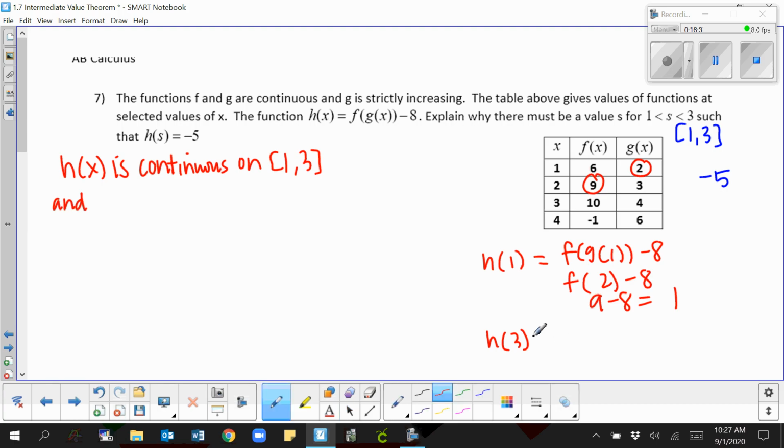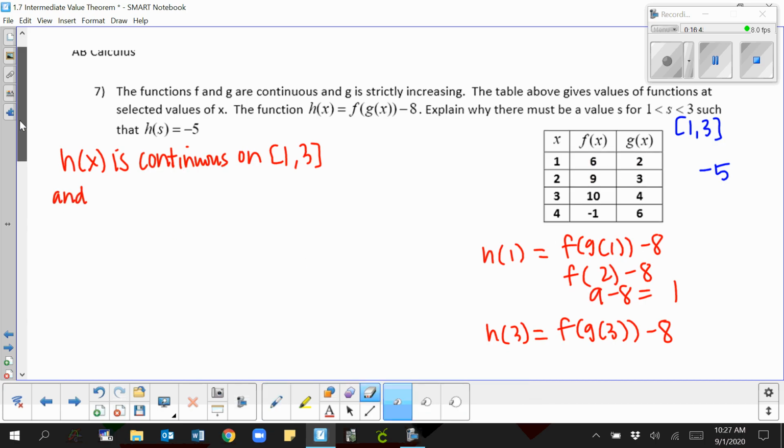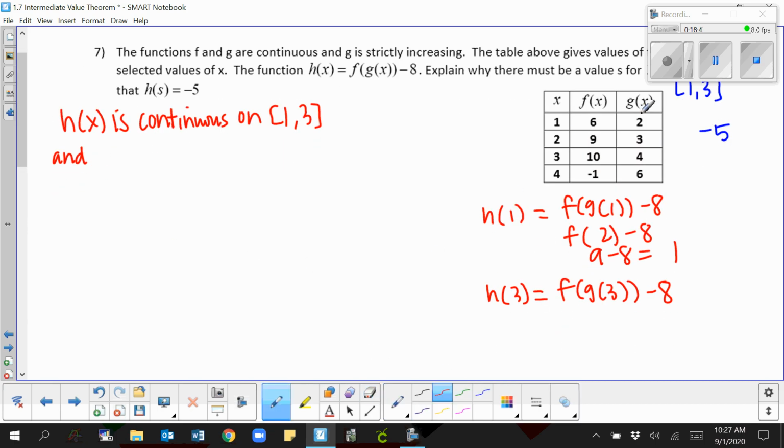And now I'm going to find h of 3, so I'm looking for f of g of 3 minus 8. So coming back to my table, I can see that g of 3 is 4, so f of 4 minus 8, and f of 4 is -1, so -1 minus 8 is going to give me a -9.